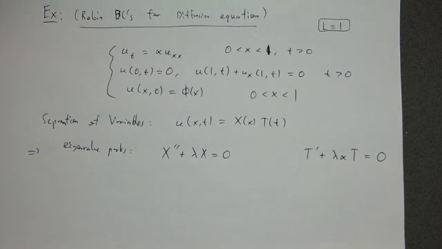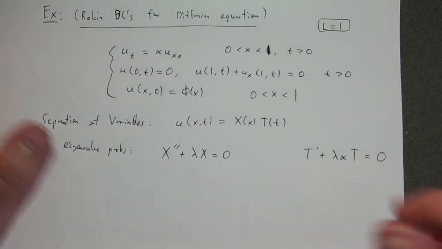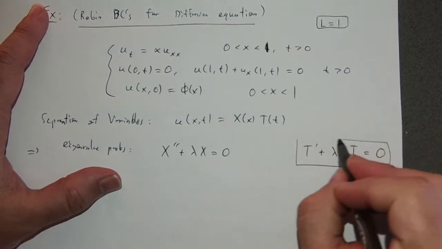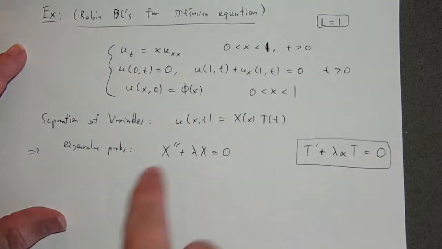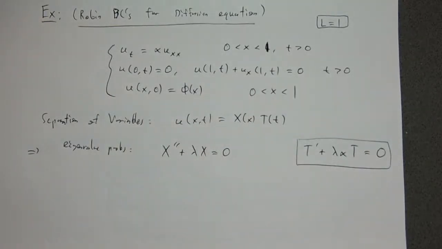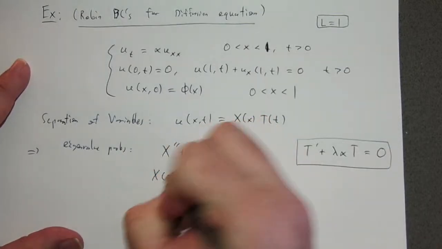Okay. And so now what? Well, I didn't impose the boundary conditions here, so here I don't get any. I just have my equation for T. For this one, these boundary conditions descend to boundary conditions for this eigenvalue problem that are X of 0 is equal to 0.